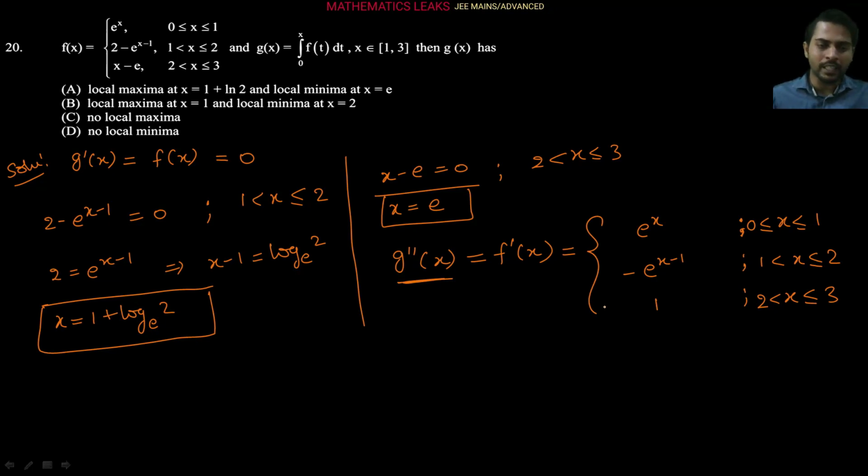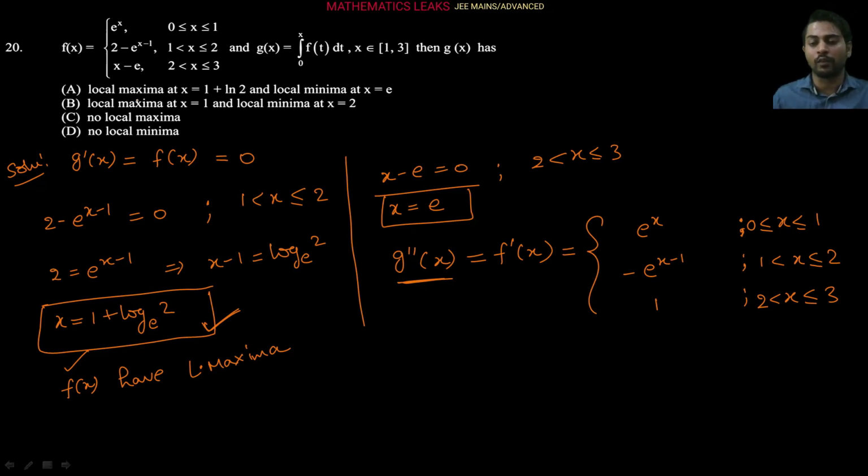Means on this critical point, which lies in this interval, the second derivative is negative. So on this critical point, f of x has local maxima, right? So on this point we get local maxima at x equals 1 plus ln 2, that is correct here.